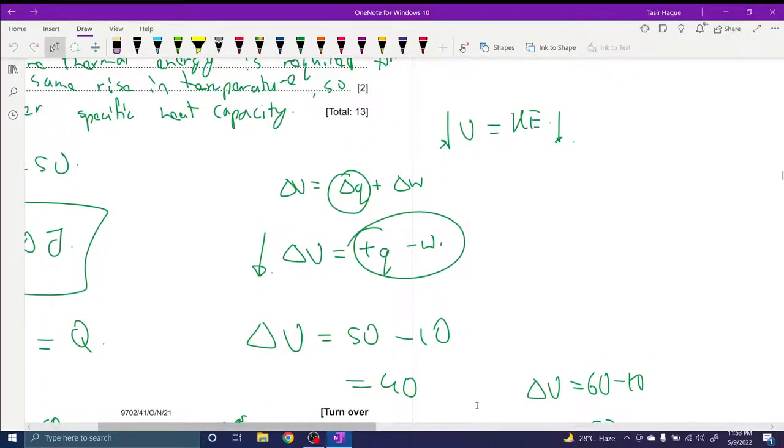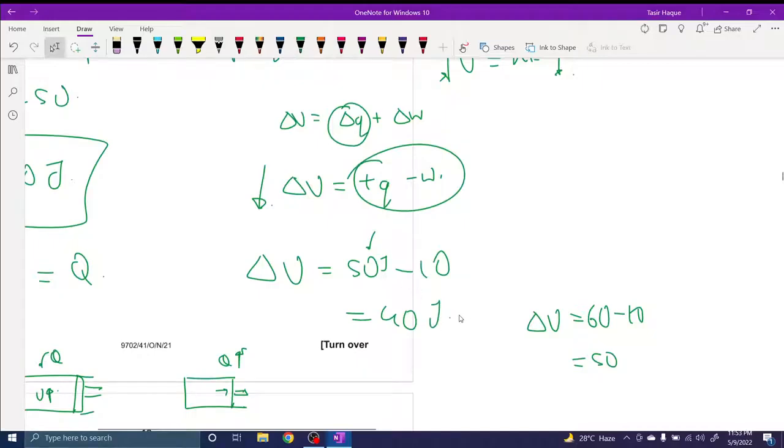We require more energy because suppose the work done by the gas is minus 10 joules. If you did supply 50 joules of energy, the net gain would be 40 joules, right? So if we want 50, what do we need to ensure? We need to supply more thermal energy, greater than 50, right? So we need to supply 60. 60 minus 10 is 50.